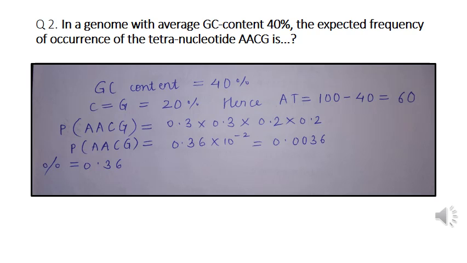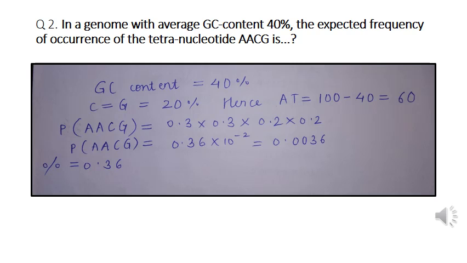In order to calculate the probability or frequency of this particular tetranucleotide, we are going to multiply the individual probabilities of each base seen in the tetranucleotide. That is, A is 0.3, again A is 0.3, C is 0.2 and G is 0.2.